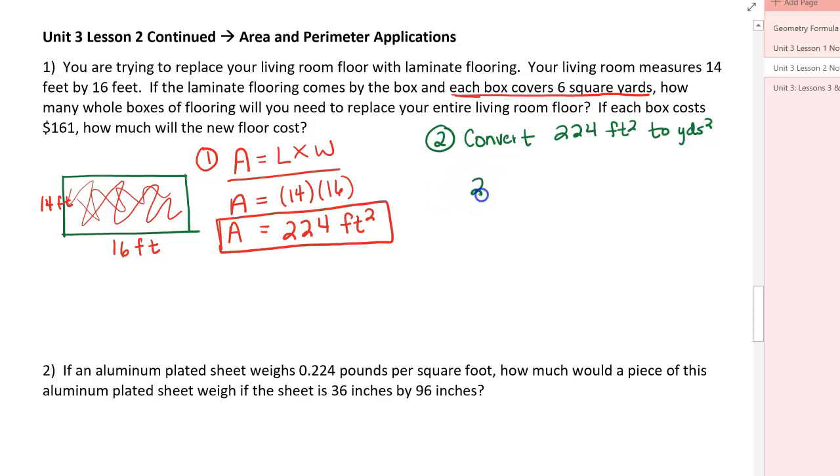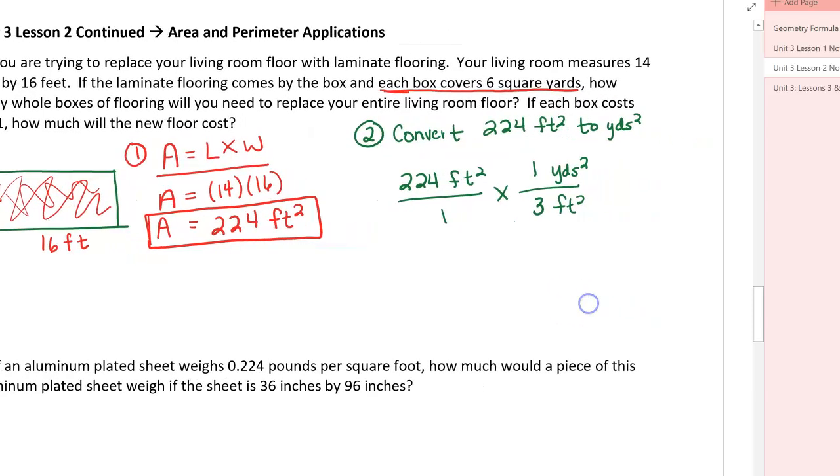So I'm going to start with my given, with what I know. And I'm going to multiply it by, well, I need feet squared down here, so they'll cancel. Yards squared up here. Now you may be thinking it's 1 to 3. But remember, it's 3 feet is equal to 1 yard.